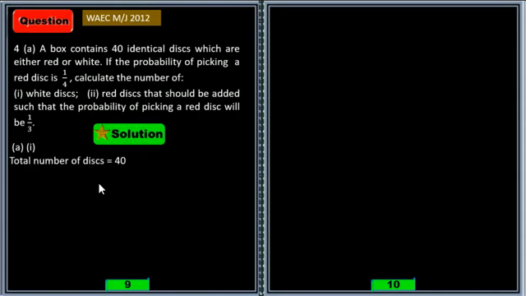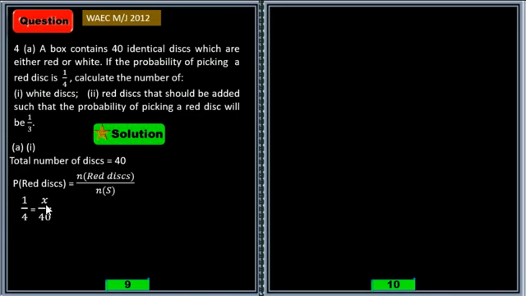1a. The total number of discs in the box is 40. Now the probability of picking a red disc will be the number of red discs in the box divided by the total number of discs in the box. Probability is given in the question as 1/4.